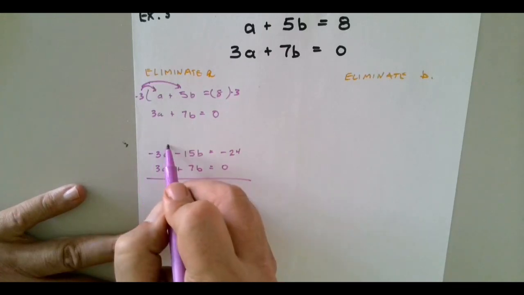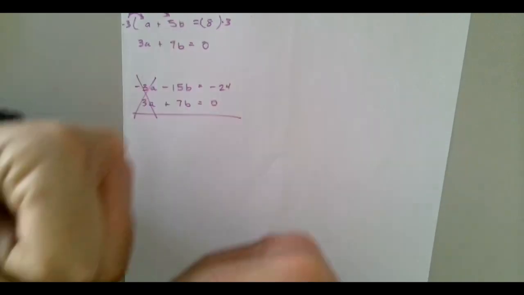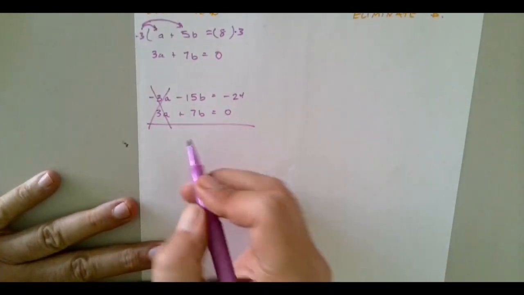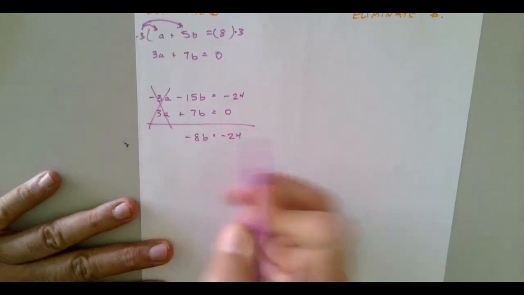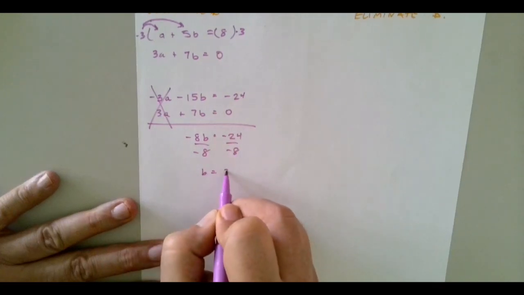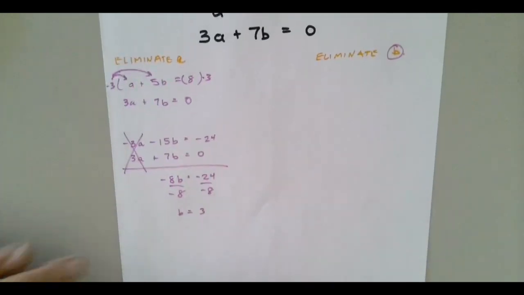Just add them. Negative 3a plus 3a, eliminated. And then negative 15b plus 7b is negative 8b equals negative 24. Divide both sides by negative 8, and I get b equals 3. The second time, I'm going to eliminate b.